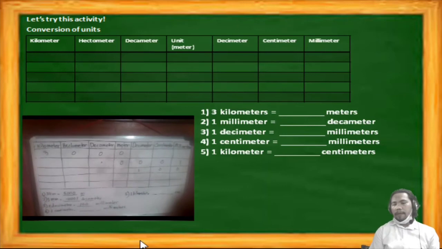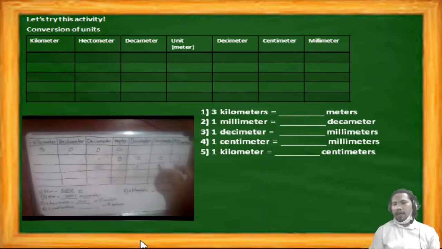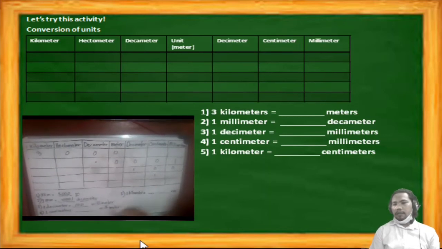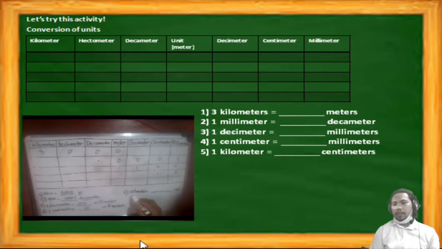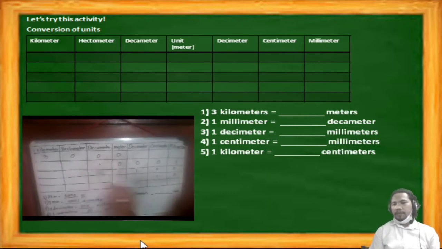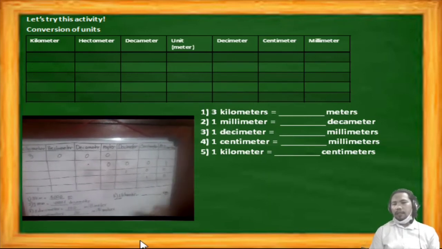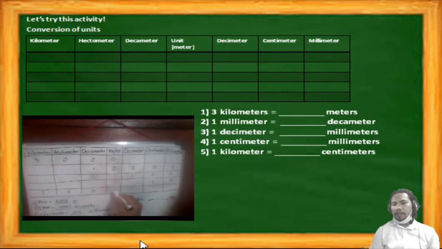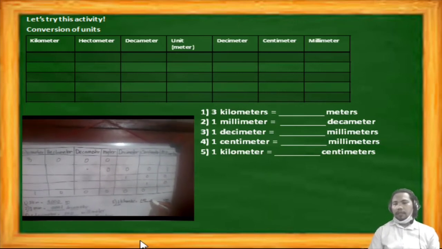Number 4, put 1 on the given unit, which is centimeter, and add zeros on the boxes going to your right until your goal is reached. And for number 5, put 1 on the given unit, which is kilometer, then add zeros on the boxes going to your right until your goal is reached.